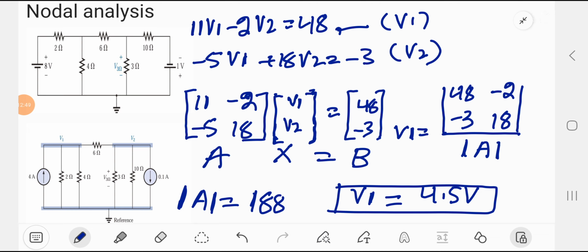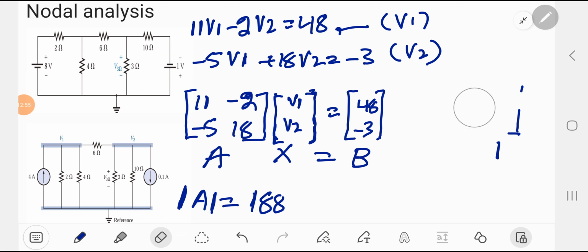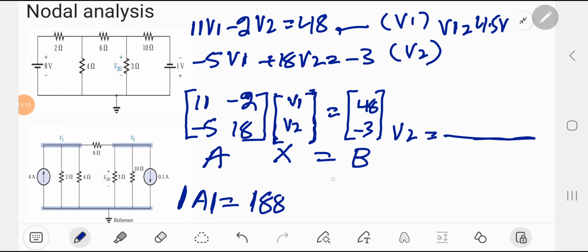Now for V2, we have V1 equal to 4.5 volt. For V2 we put the determinant of A matrix, which is equal to 188, and the determinant of this matrix.